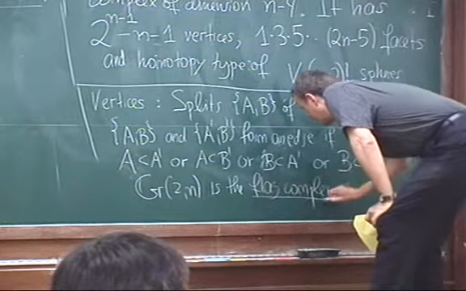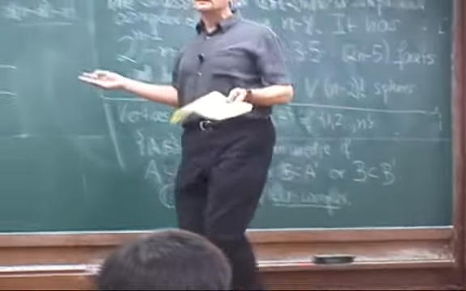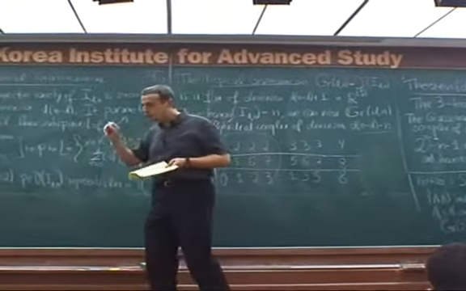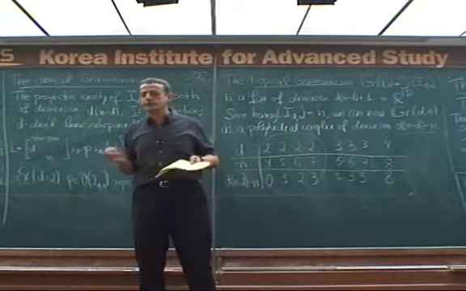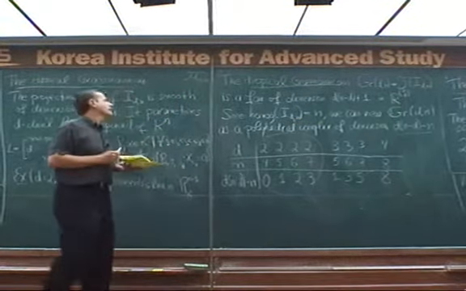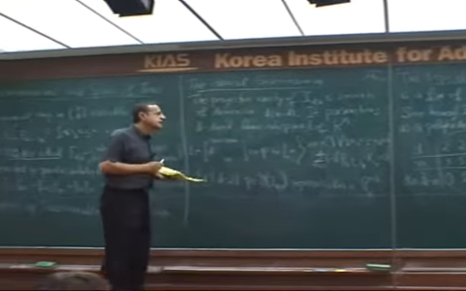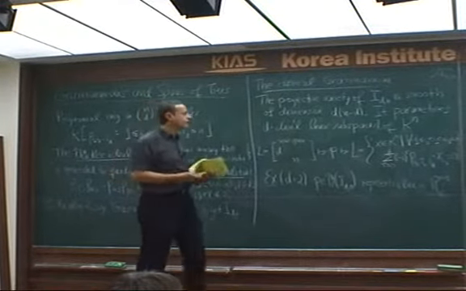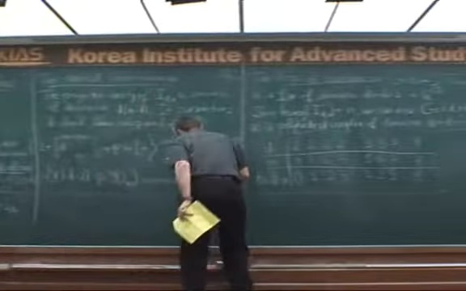A collection of splits forms a simplex if and only if any two are compatible. So we're defining simplices by pairwise compatibility, and this is precisely the simplicial complex we get here. Let me show you some examples.